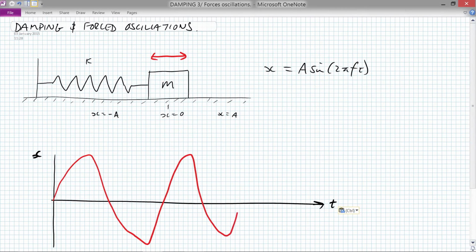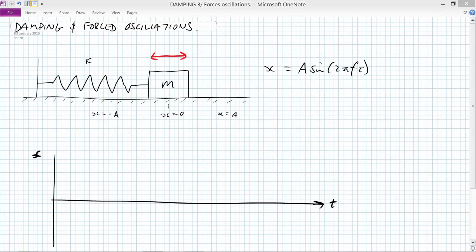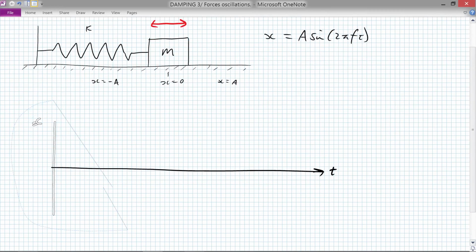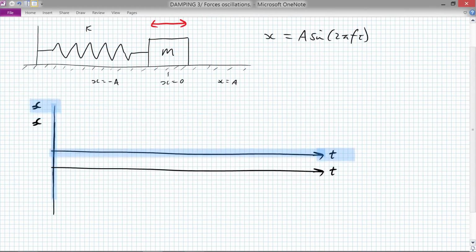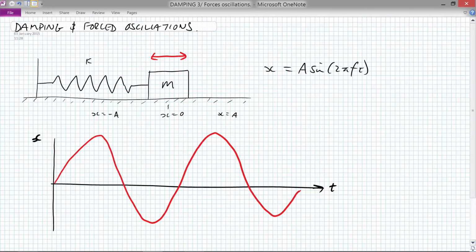So if we've got some sinusoidal behavior going on, it will look like that. Not the best drawing. But one of the starting assumptions we made when we talked about this was that we considered a frictionless surface, and obviously that's not physically possible in most, if not all, cases.